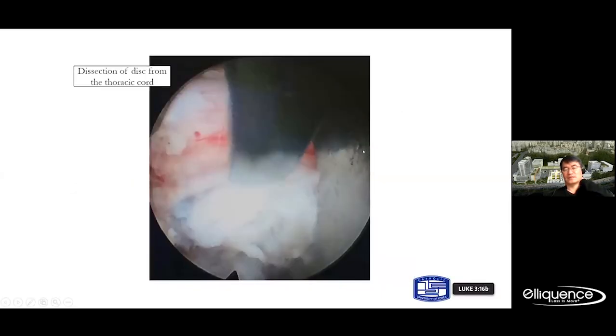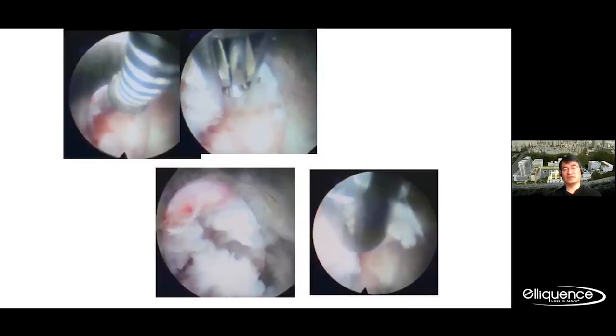You can see the thoracic spinal cord slowly going down into the center of the endoscopic view, and dissection of the disc from the thoracic cord should be done meticulously and gently right there. Of course, I have used the neural monitoring system because this kind of surgery requires attention.